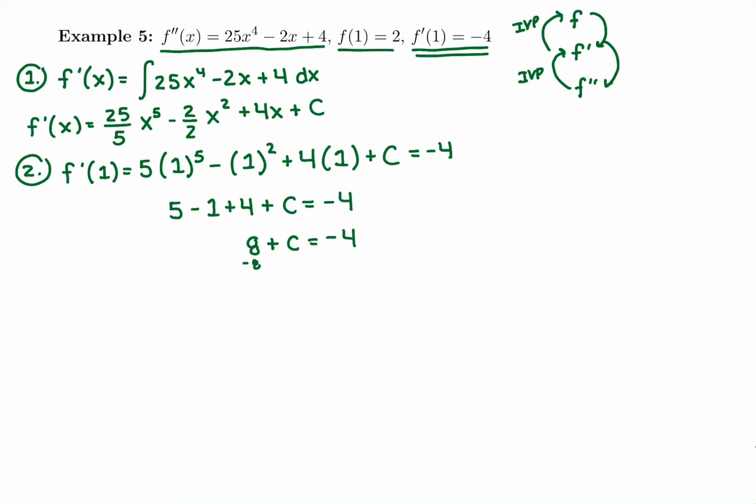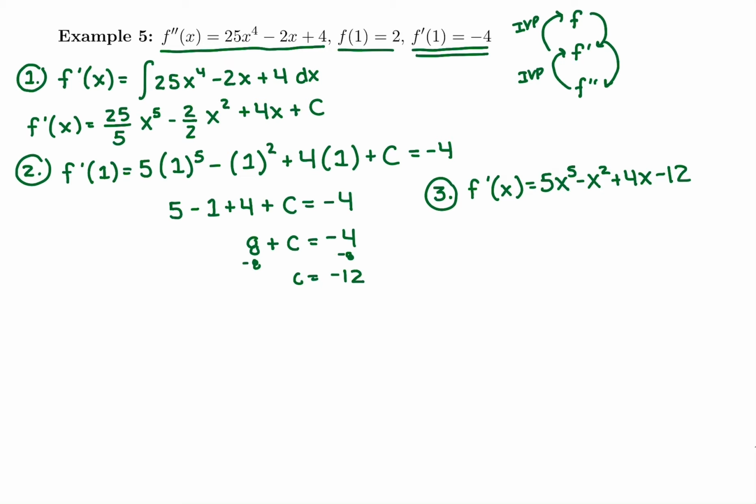So then subtract 8 from both sides. C must be negative 12. So then my third step here is to write out the function. So f prime of x must have really been 5x to the 5th minus x squared plus 4x minus 12.